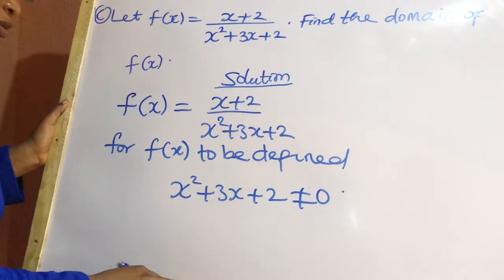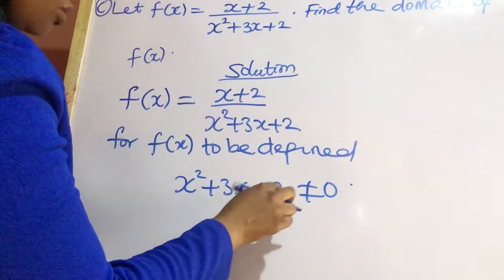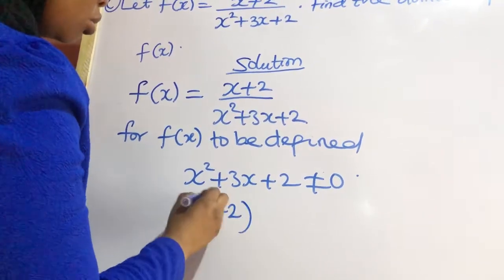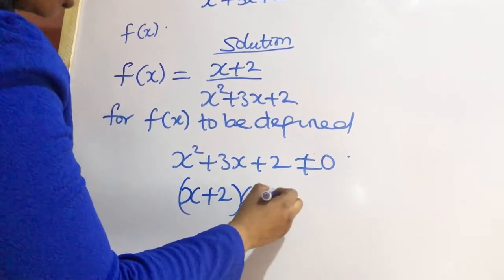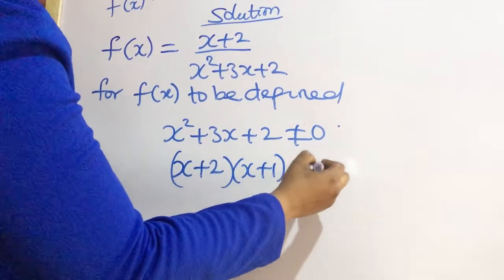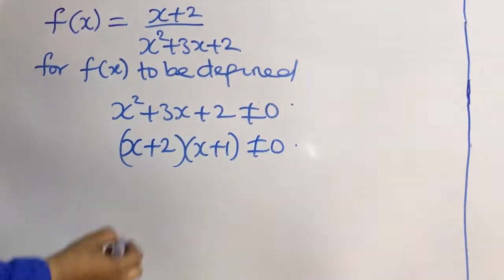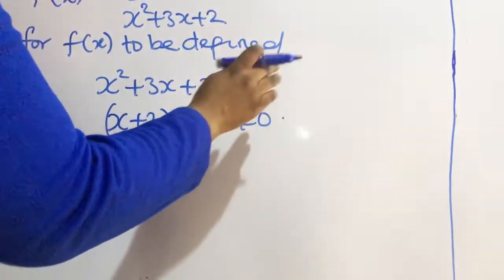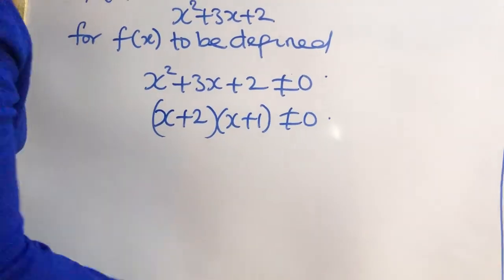So let's use the factorization method for this quadratic expression. We have x plus 2 multiplied by x plus 1, and it must not be equal to 0. If you want to know how I quickly got this one, you can check my videos in the description box.